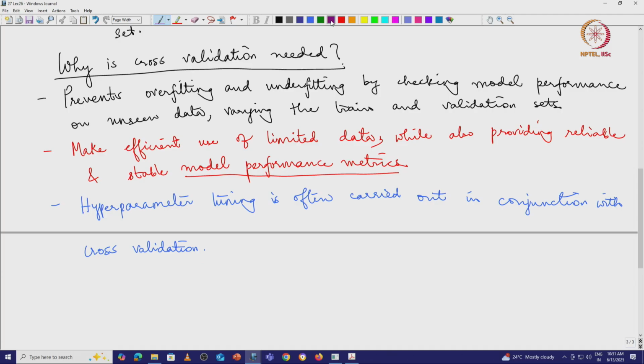So, the next topic is the types of cross validation.